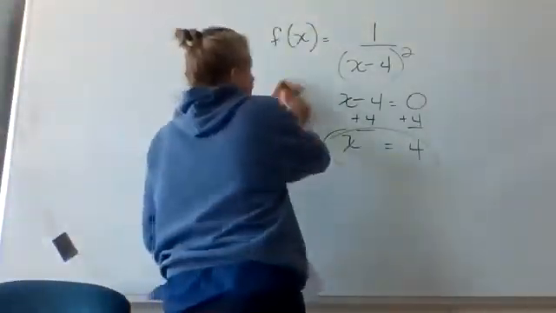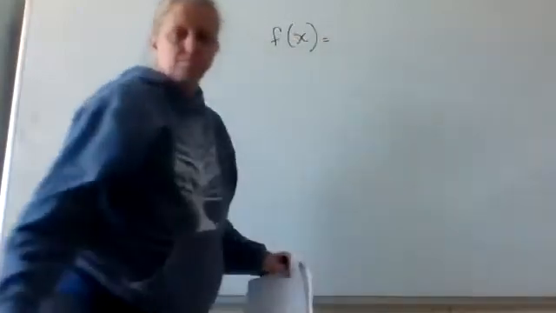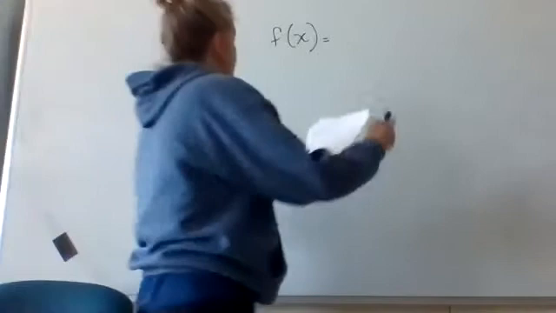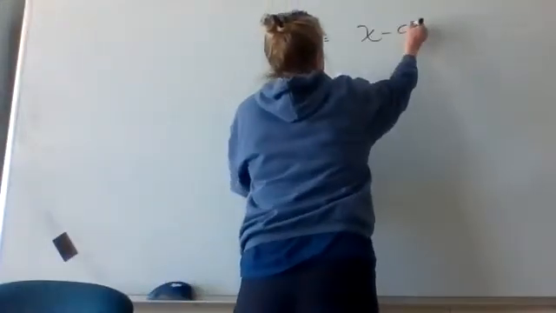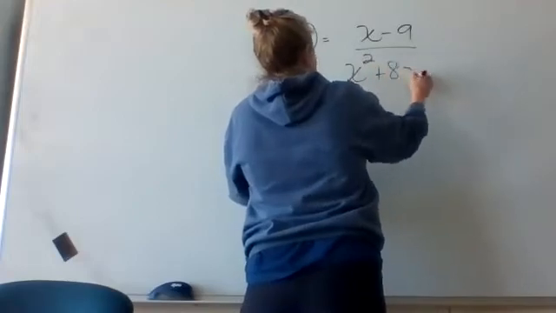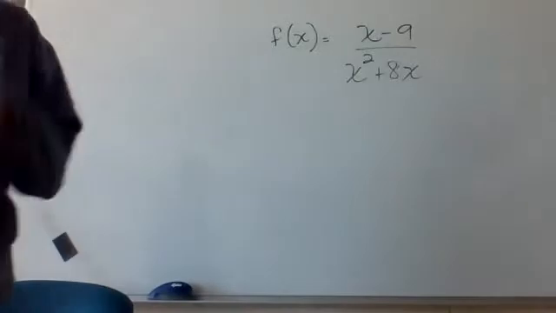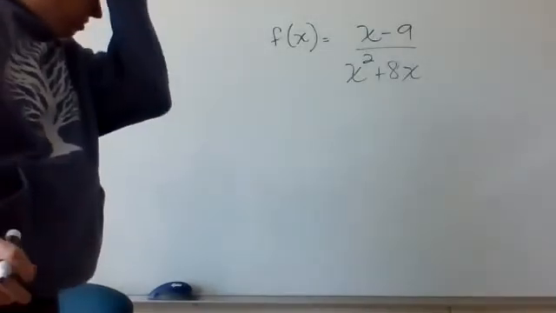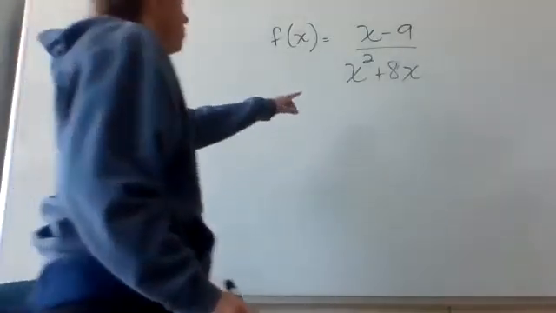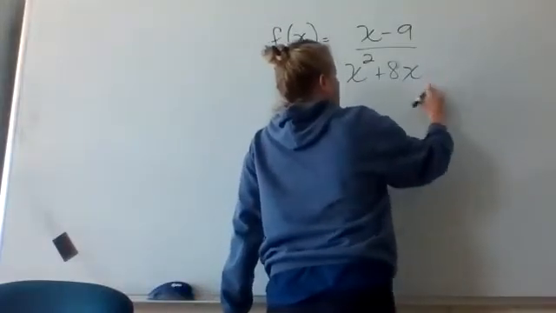Right, number 5. F of x equals x minus 9 over x squared plus 8x. Finding the vertical asymptote, I need to find the zeros of the denominator.